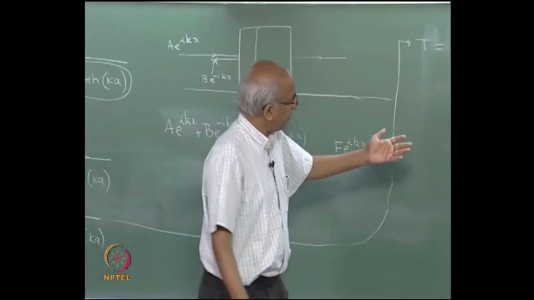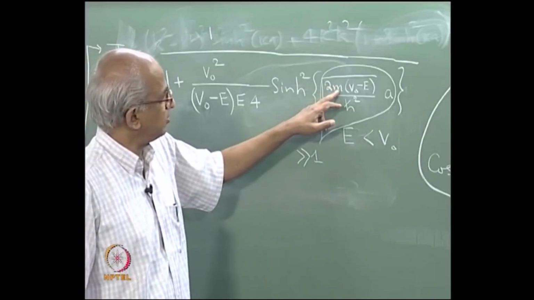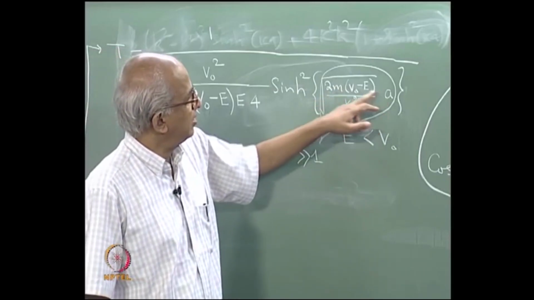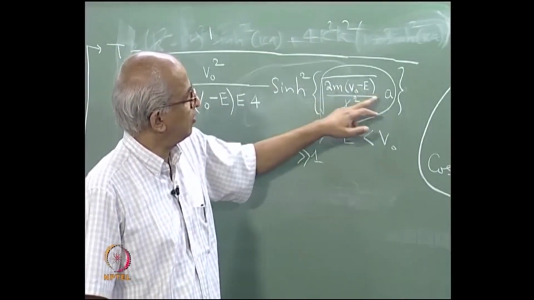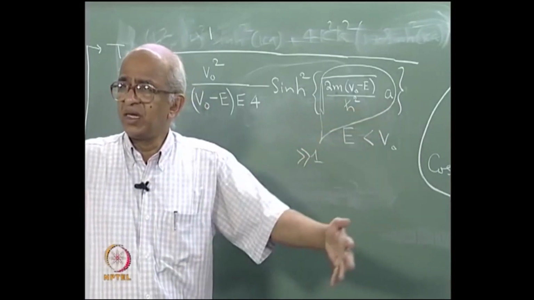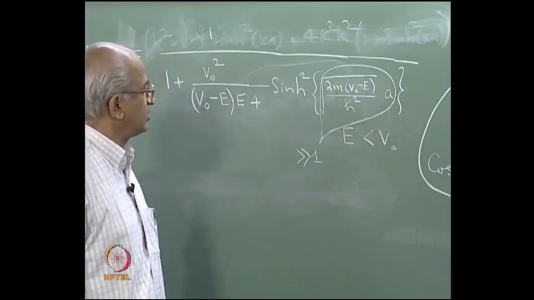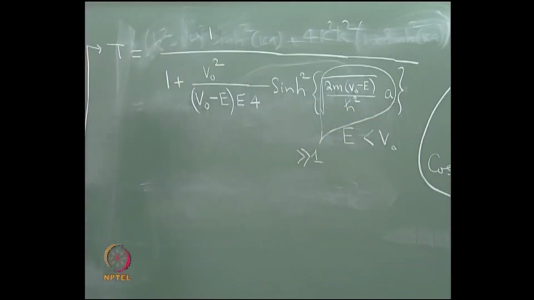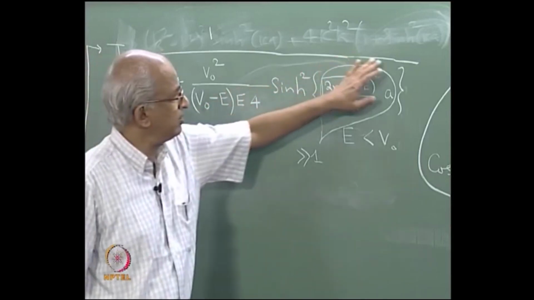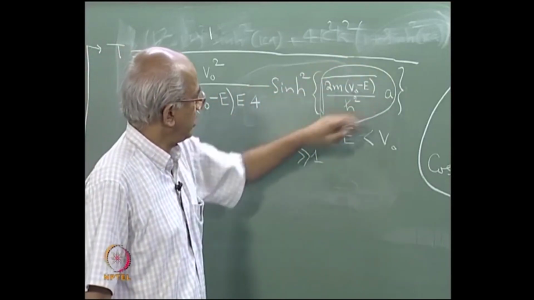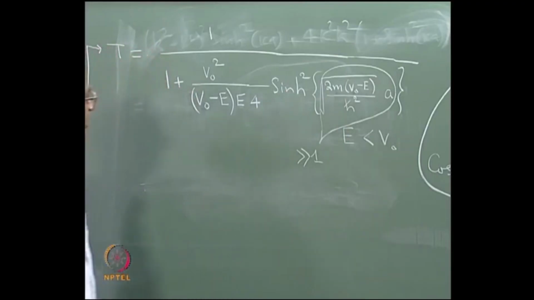In order for that to happen, you see, either mass has to be large, or the barrier height has to be large, or the width of the barrier has to be large. If one of these things is satisfied, so that this net term is much larger than 1, then you can see what is going to happen.